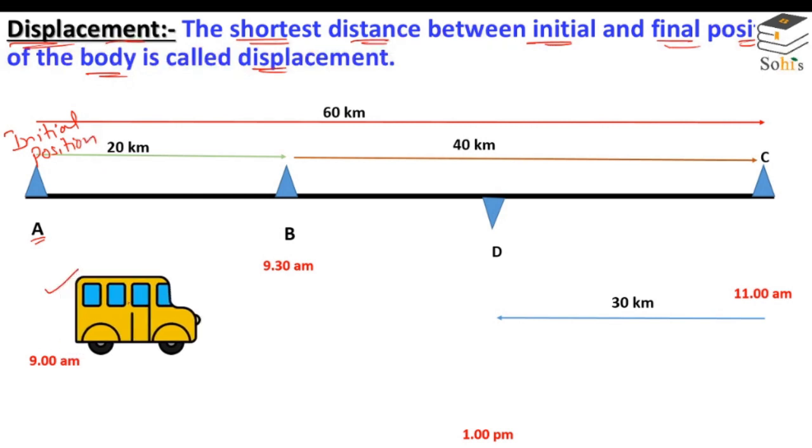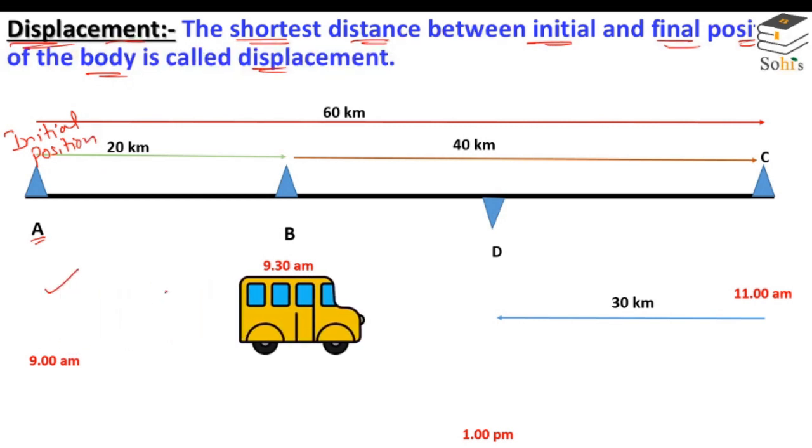Fine. Body moves from A to B, so its distance becomes 20 and its displacement also becomes 20. Fine.